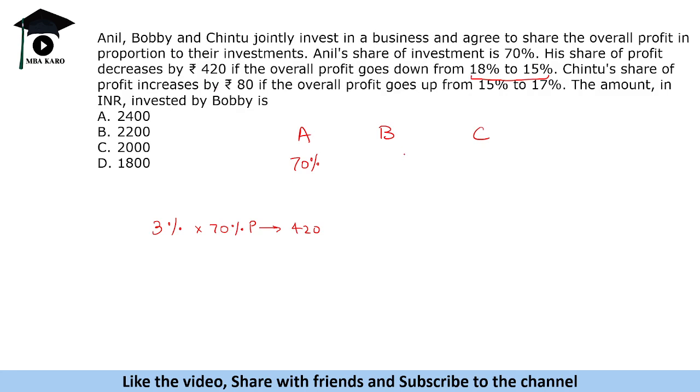So 3% of this is 420. This gives us 2.1% of investment is equal to 420. So that means investment is 20,000.